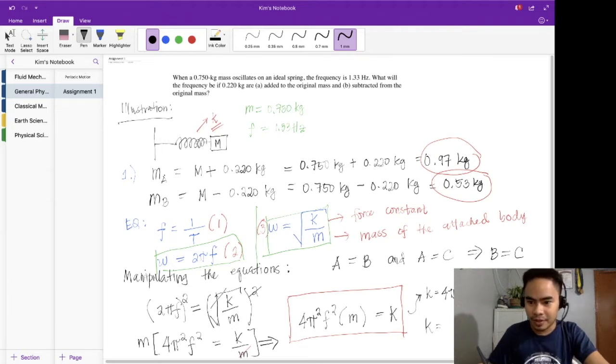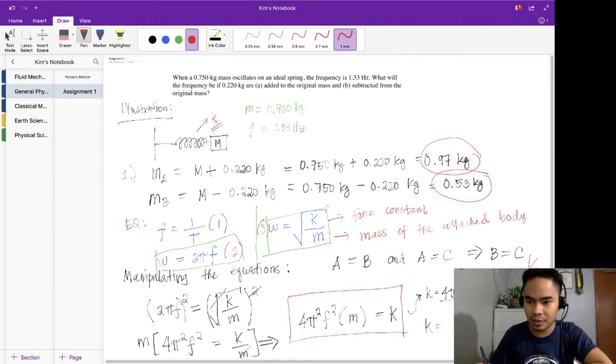Okay, in this part you'll just have to plug it in the calculator. So this is a constant. Hertz again is simply like 1 per second. We're just checking if the units make sense.